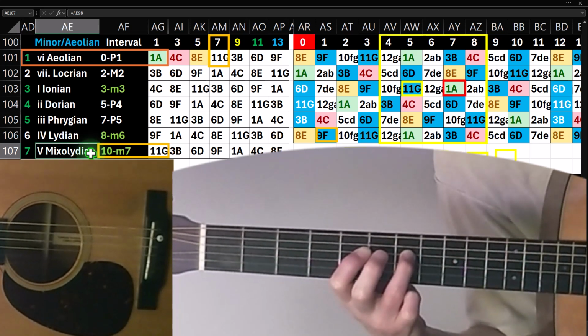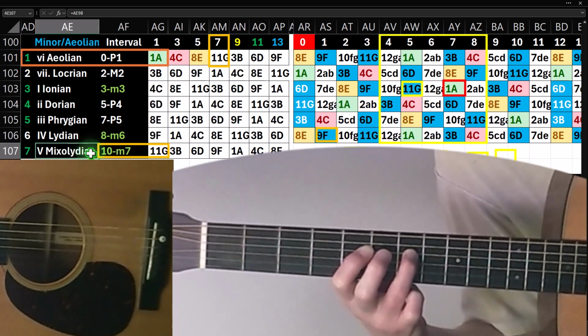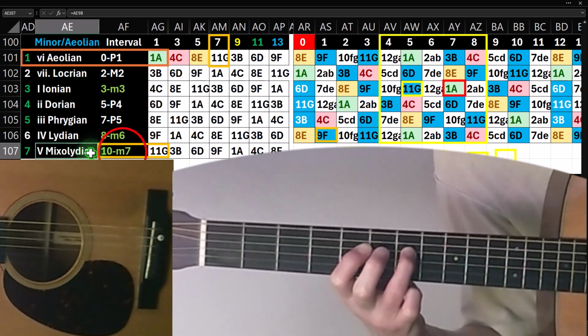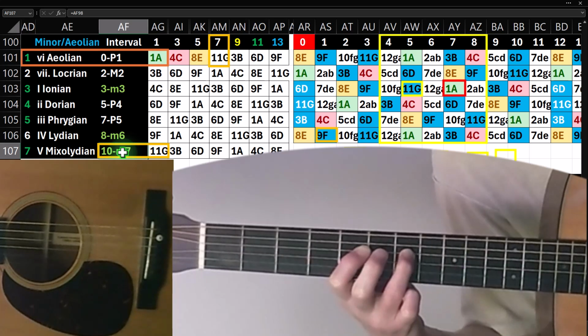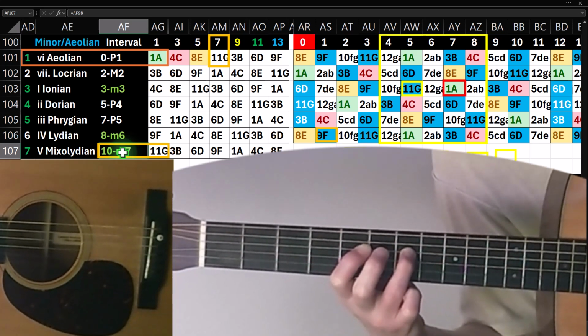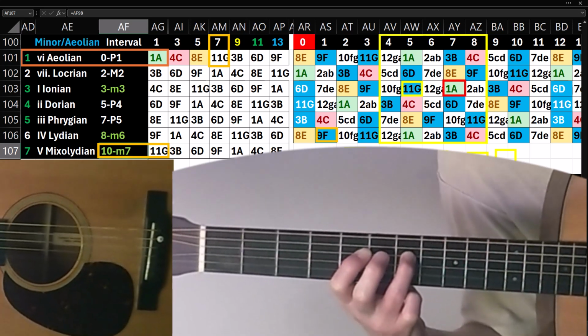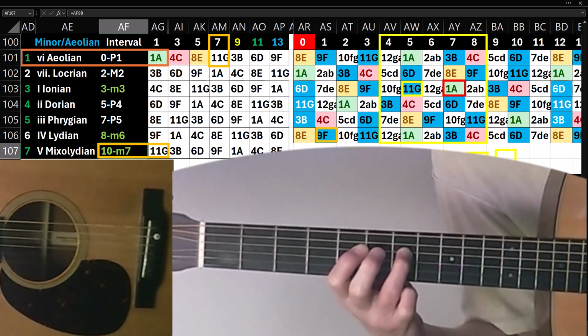Or you can think of it as though you're in the major scale, but you're throwing in the flat 7. So I'm in whatever the major scale is, but I'm flattening the 7, which once again is this interval. So it's kind of important in that sense.